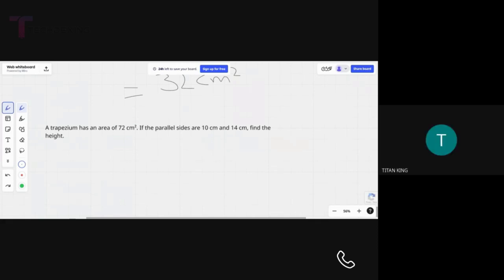So we have the trapezium area given. The parallel sides are 10 centimeter and 14. So we'll write A is equal to 1 over 2, 10 plus 14, multiplied by height. Area is 1 over 2 into A plus B multiplied by height.